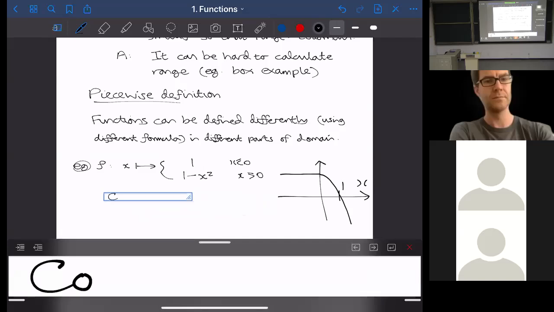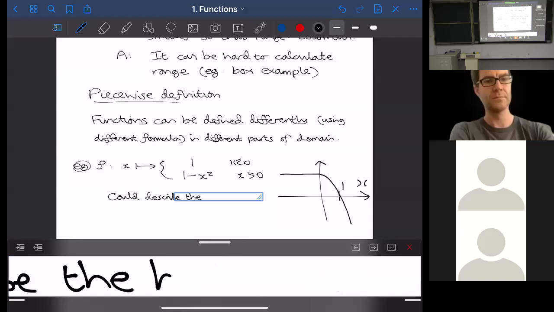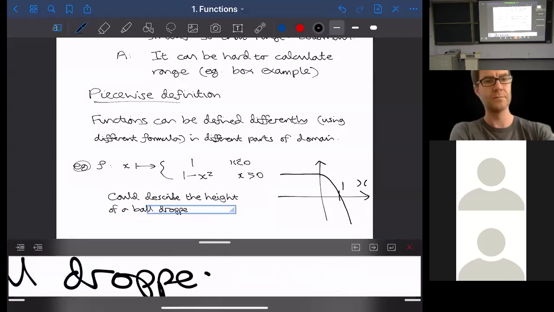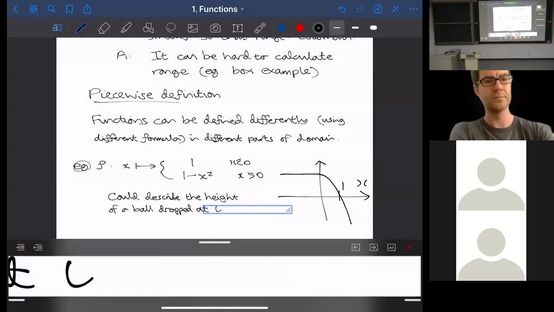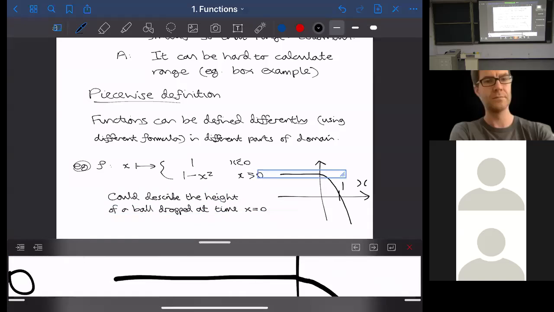So this could describe the height of a ball dropped at time x equals 0. So I'm holding the ball at height 1, and then at time x equals 0, I drop it, and the height goes down like this.